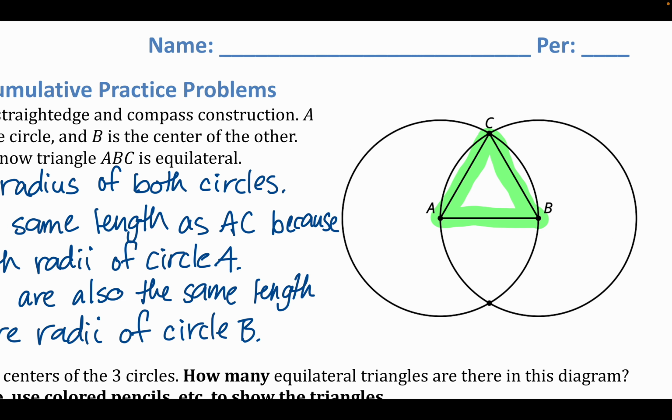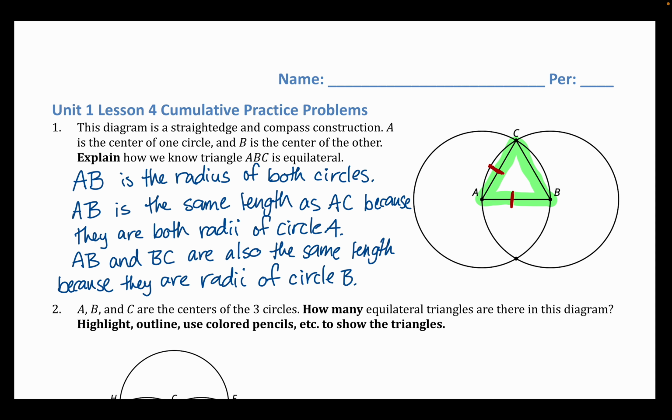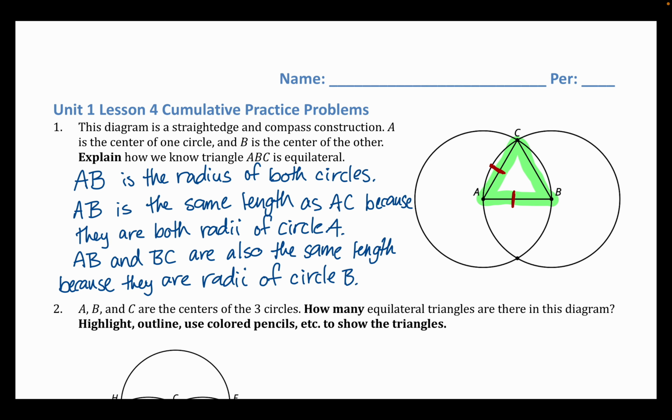We said that AB is the radius of both circles, and then we said AB is going to be the same length as AC because they're both the radii of circle A. And then we also said that AB was going to be the same length as BC, since they're both radii of circle B. And so now I have one of those congruence marks on each side of this triangle, which means all three sides have to be the same as each other.